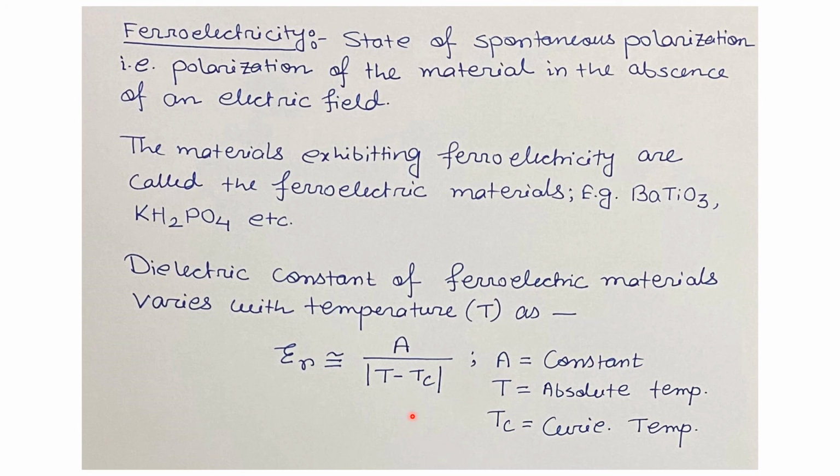So if the temperature of the ferroelectric material is less than Tc, then it is in the ferroelectric state, and if it is greater than Tc, then it is in the paraelectric state. In the paraelectric state, as the temperature increases, the dielectric constant starts to decrease.